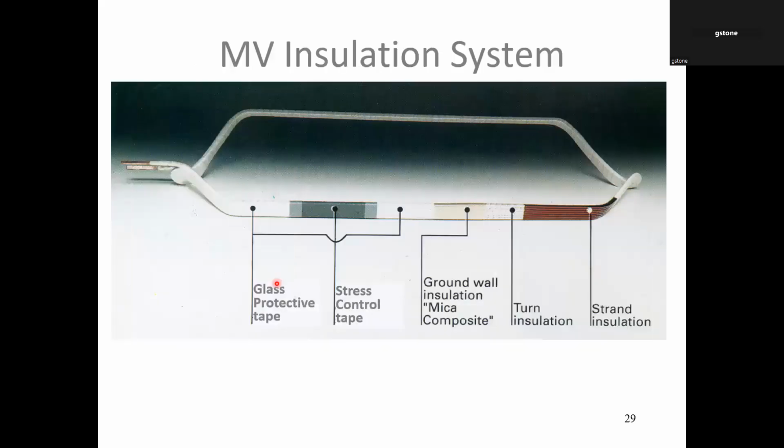Okay, and so here's an image of a coil. This is a form wound coil. It's completely made, or almost completely made, outside of the slot and formed into a special shape. It almost always uses rectangular copper magnet wire, and then we have ground insulation, and also the stress control or PD suppression coatings.